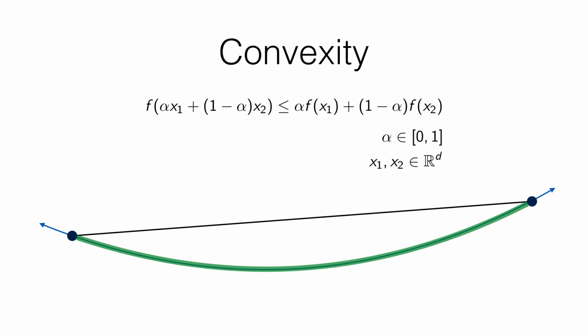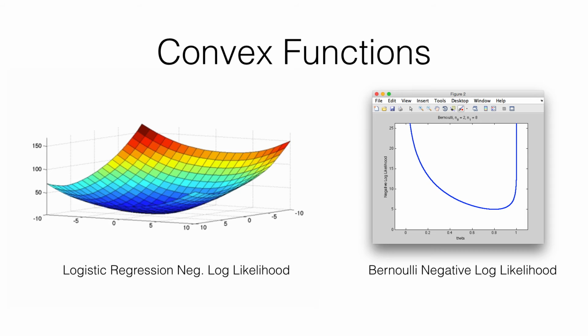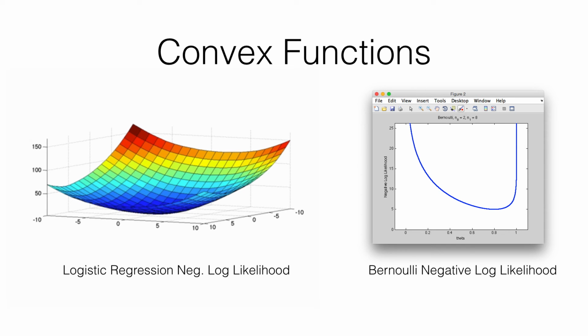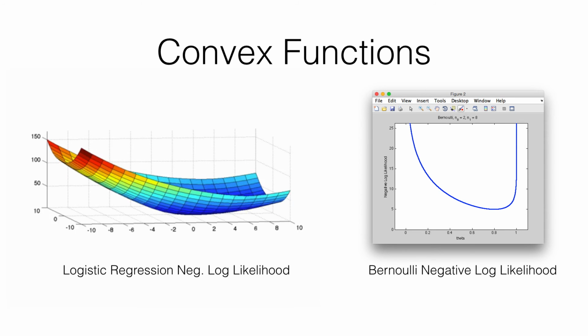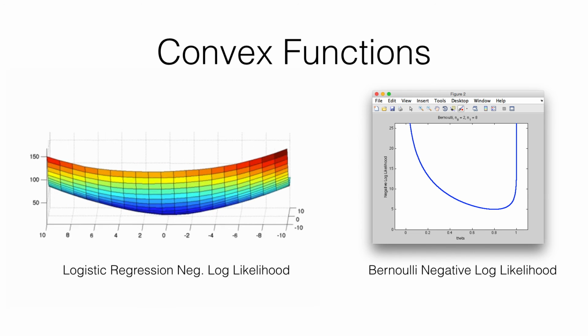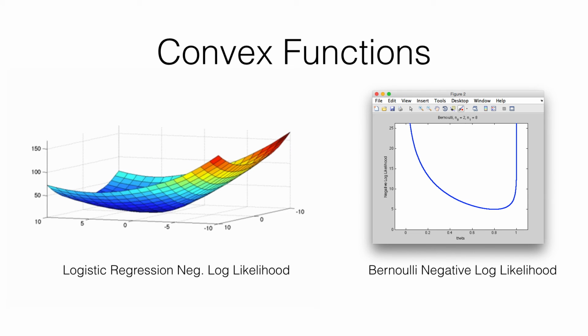So there are a couple of examples of convex functions we've already seen. This is the logistic regression negative log likelihood. Actually, what we're seeing in this picture I plotted is probably more the regularization. So here I can spin it around a little bit so you can see what this should look like if you've visualized these things before.